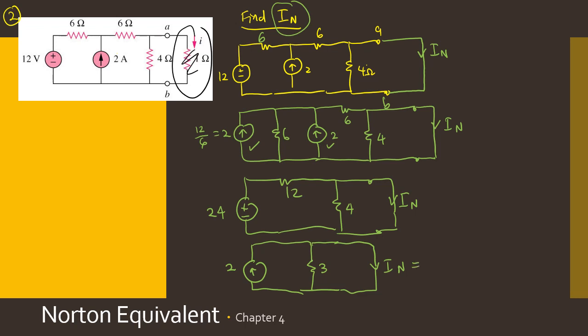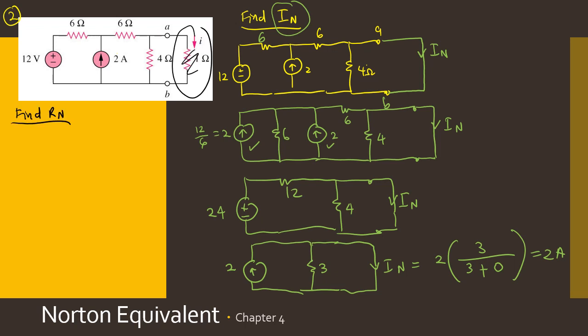IN is basically you need the source, and then 3 times 3 plus, since there is a shorted path like this, then it should be a true wire, R equal to 0. Then you do the math, you get 2 ampere.